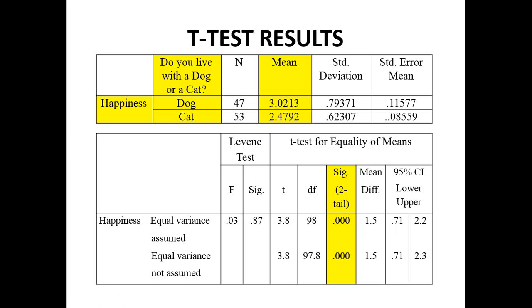So where it says t is 3.8, the degrees of freedom is 97.8, you would use that lower line to report. However, since it's not significant, 0.87 is a lot bigger than 0.05, you would use the top line, the t 3.8, degrees of freedom 98. So that's a little tip there. But the take-home message is there's a significant difference in the mean scores.